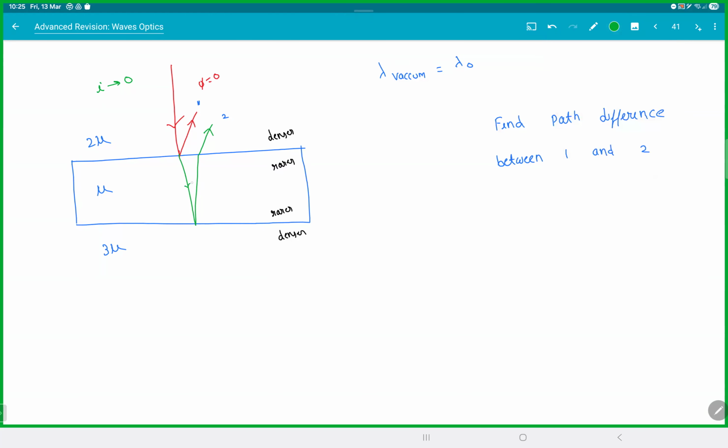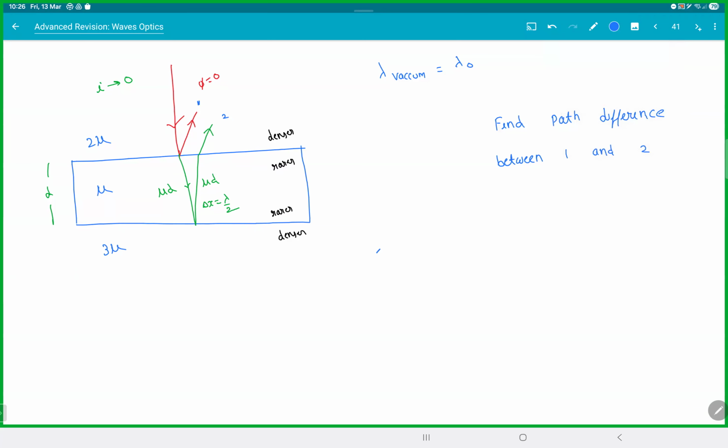This green one is traveling inside. So path difference will be mu into d. So mu into d, that is in vacuum. This is also mu into d. And don't forget, here you are bouncing from rarer to denser. So that will create a path difference of lambda by 2. And when you come out, again, you won't have a path difference.